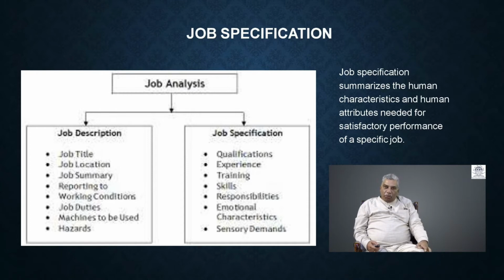One is job description: job title, job location, job summary, reporting relationships, working conditions, what are the duties, what are the machines to be used, tools and techniques to be used, what are the occupational hazards to which a person might be exposed to. These are all coming under job descriptions. When it comes to job specification, it gives focus on qualifications, experience, training, skills, responsibilities.